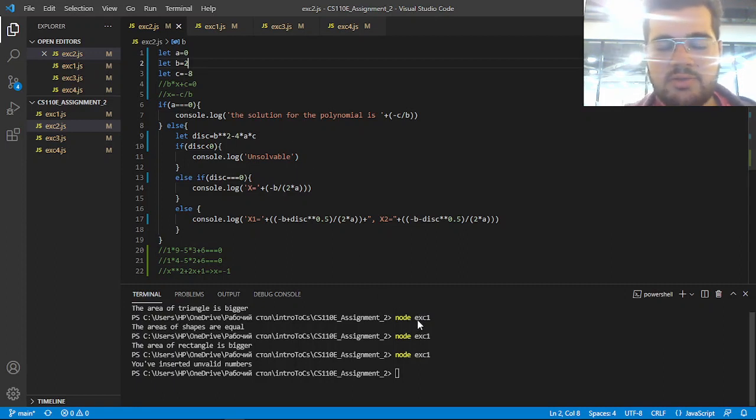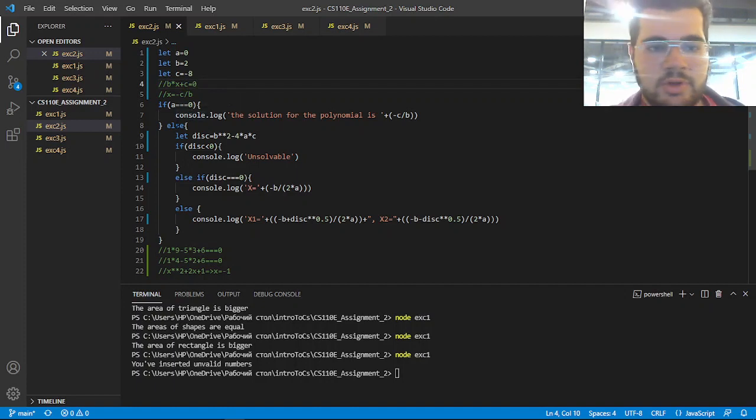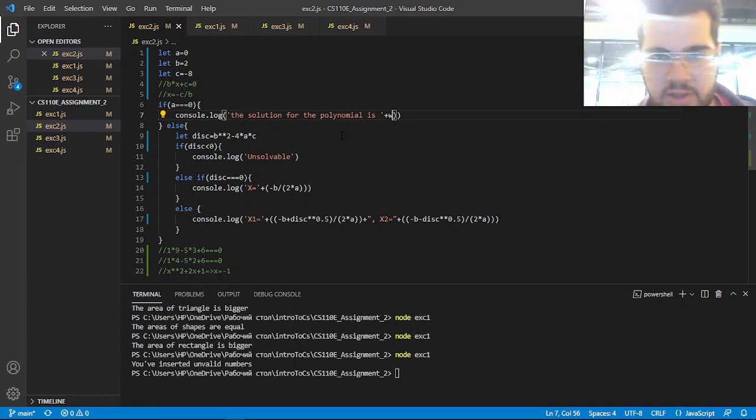That was the case described in the task. If it is, the program will log that the solution for the polynomial is minus c over b, which is the solution of x.